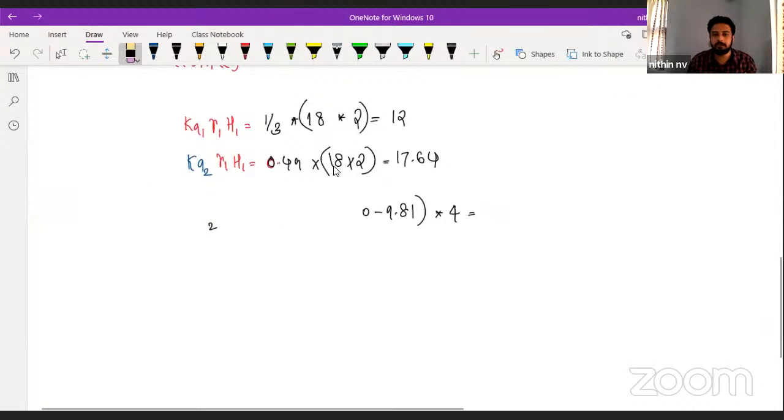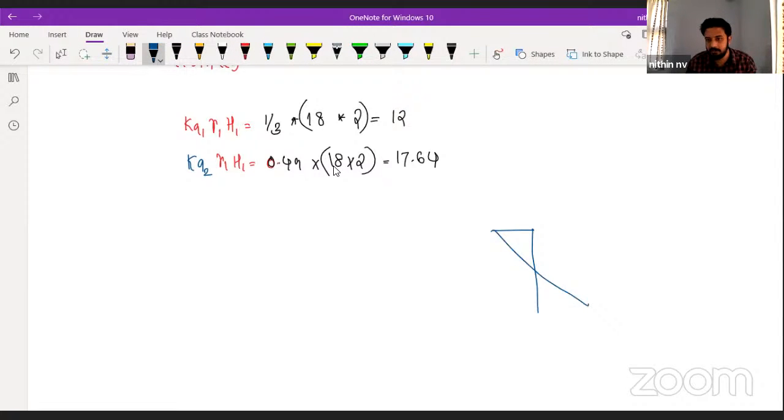If it is a cohesive soil, on the upper layer we'll have a distribution something like this. If it is active, we have minus 2c root Ka.